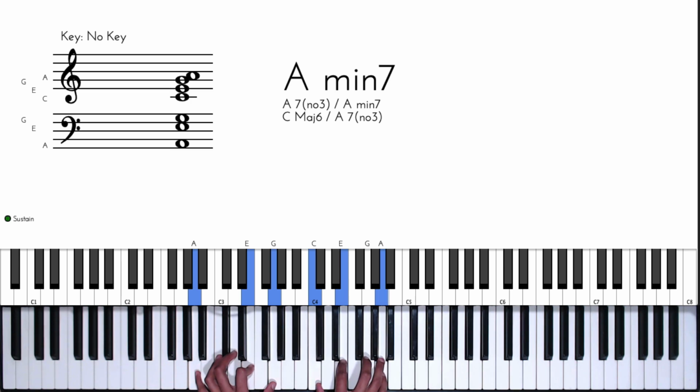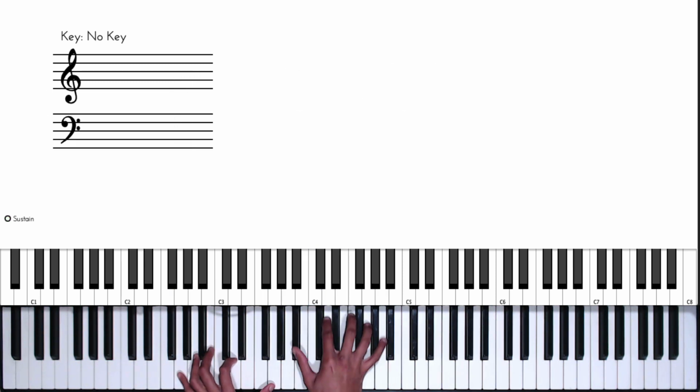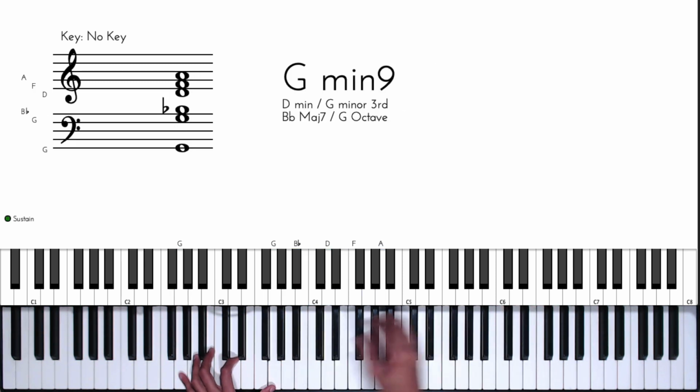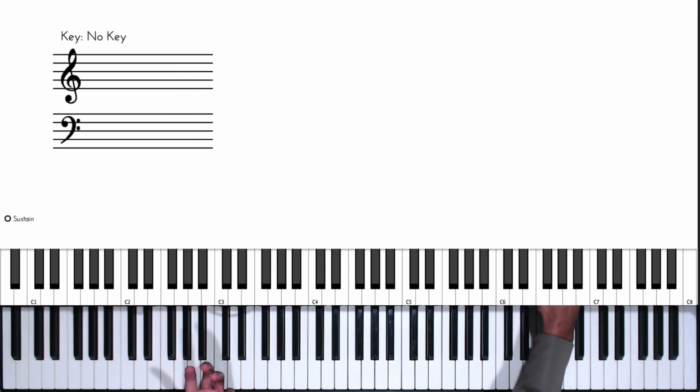Alright, so we have a bunch of different possibilities. For example, instead of playing a regular 5, we can actually make it a minor 5 and almost start getting into those 2-5-1 jazz progressions.